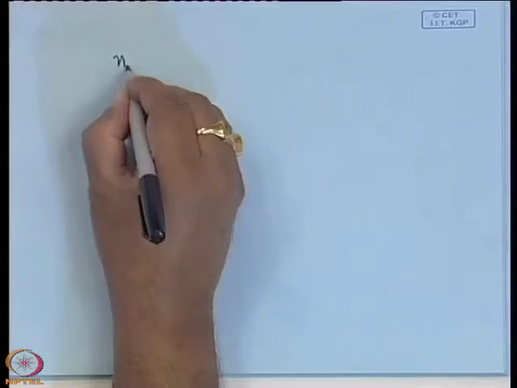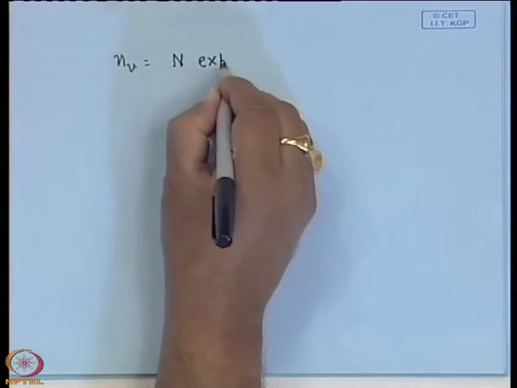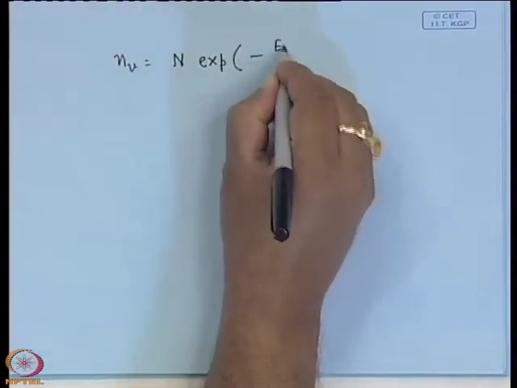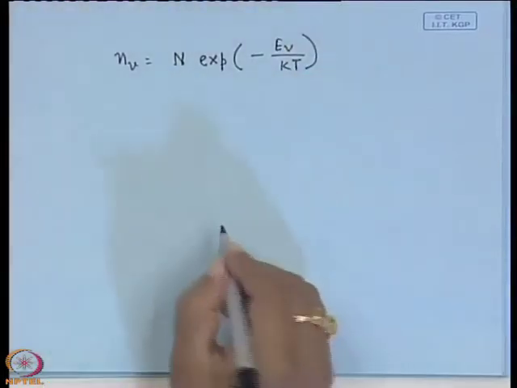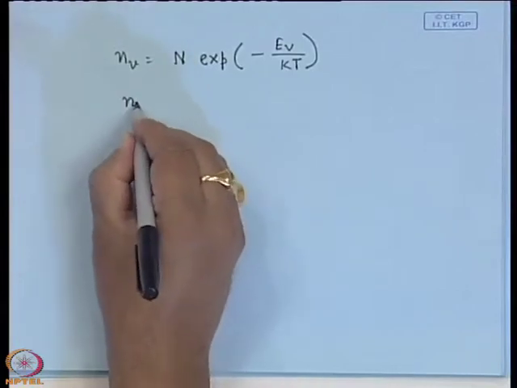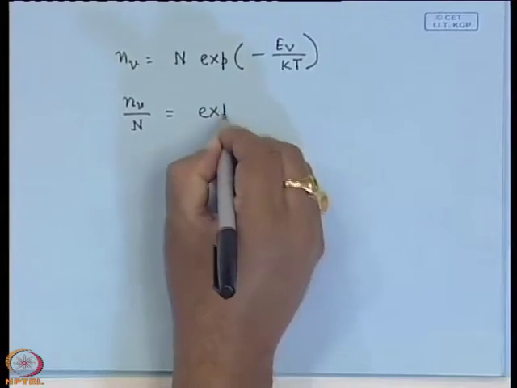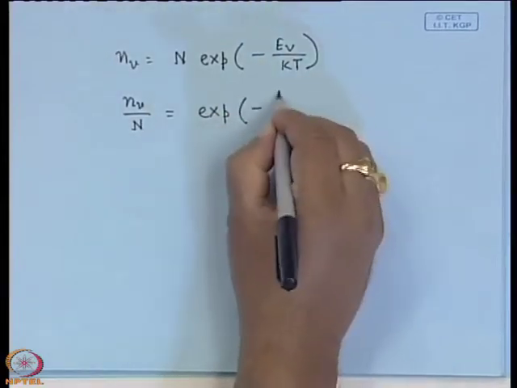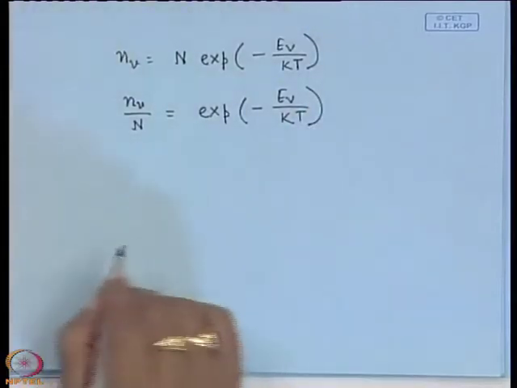NV is given by n exponential minus EV by kT. First is the fractional concentration of vacancy, NV by n, which equals exponential minus EV by kT.